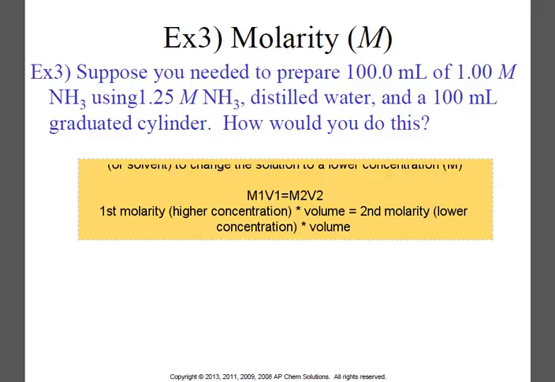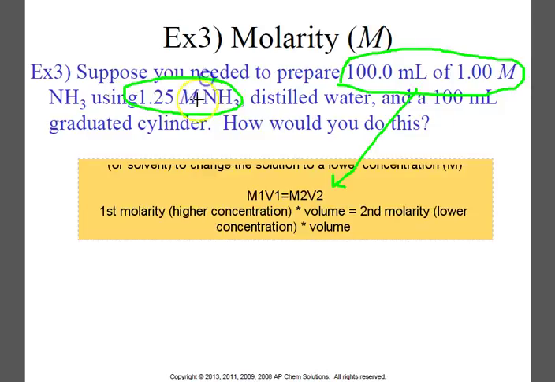Let me go to my drawing. This is the information that we have about the lower concentration, the diluted solution. That's going to be my M2 and my V2. And then I know that I have this concentration of my more concentrated solution. That's going to be my M1. I'm trying to figure out how much of that M1 I need in order to make this less concentrated solution.